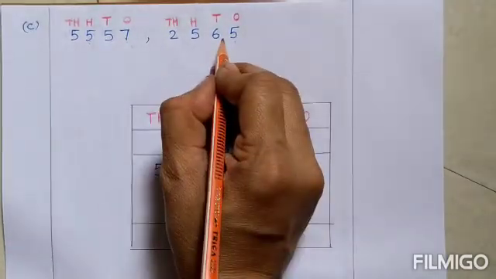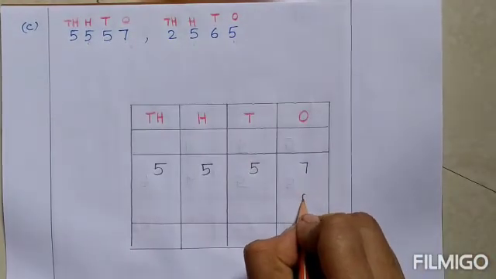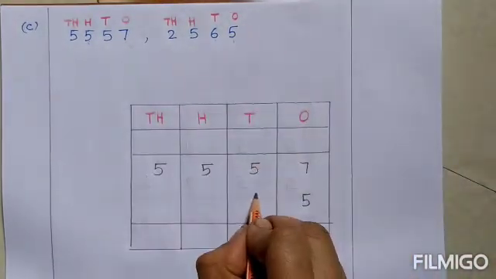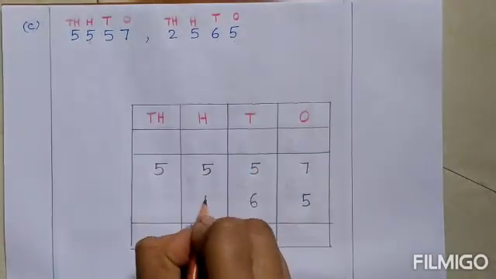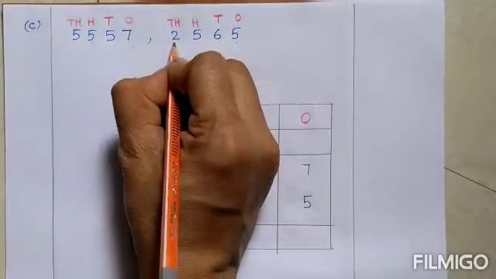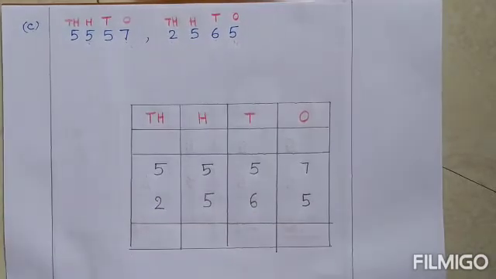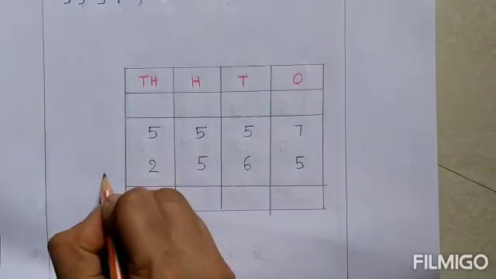And from this number, 5 is in ones place. 6 is in tens place. 5 is in hundreds place. And 2 is in thousands place. Now plus sign.